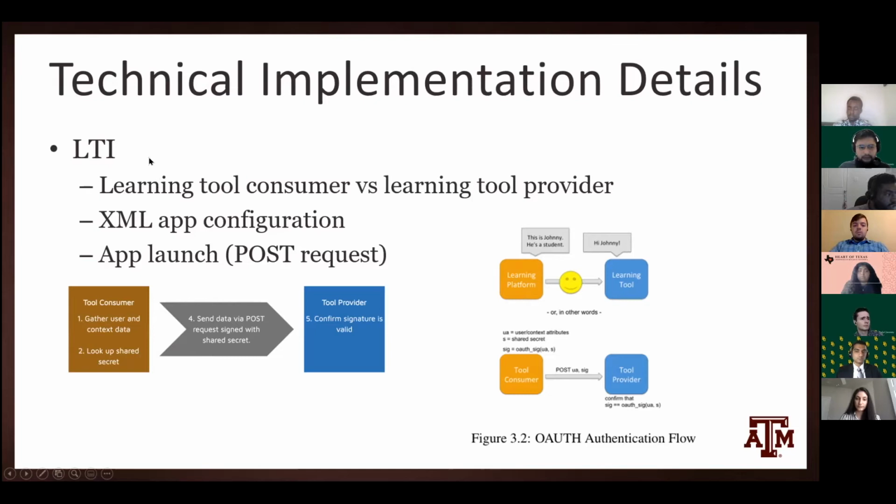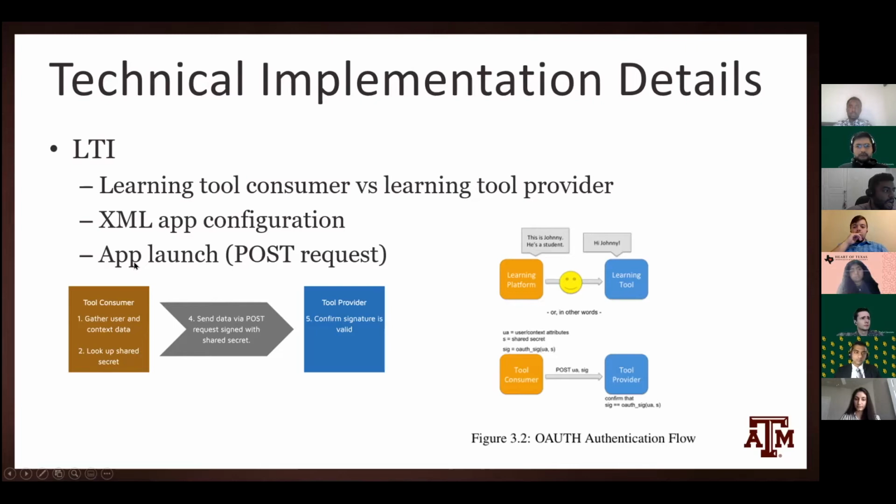The LTI documentation uses the terms learning tool consumer and learning tool provider, but in my mind it becomes kind of confusing. The learning tool consumer is basically the LMS, and the learning tool provider is the third-party application. Each third-party application has an XML app configuration, and in this app configuration you specify the endpoint to your third-party application that can accept post requests from the LMS.